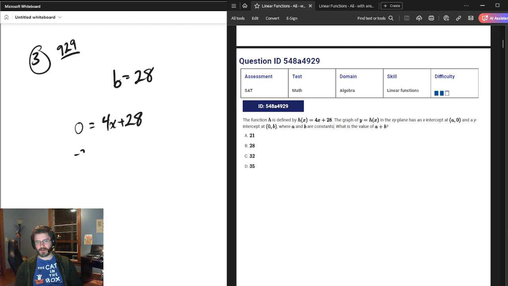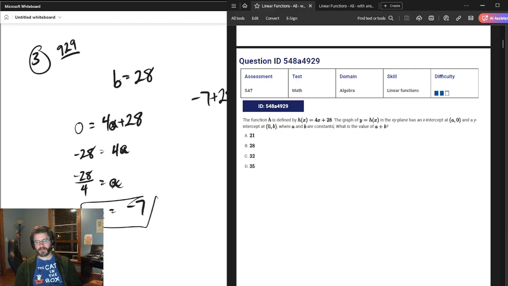Subtract the 28 over, divide by the 4, and we get x is equal to -7. So really we should be writing a here, because that was the coordinate point a, 0. So a is -7, and they want the sum of a and b, so -7 plus 28, of course, is 21. So that makes the answer A.